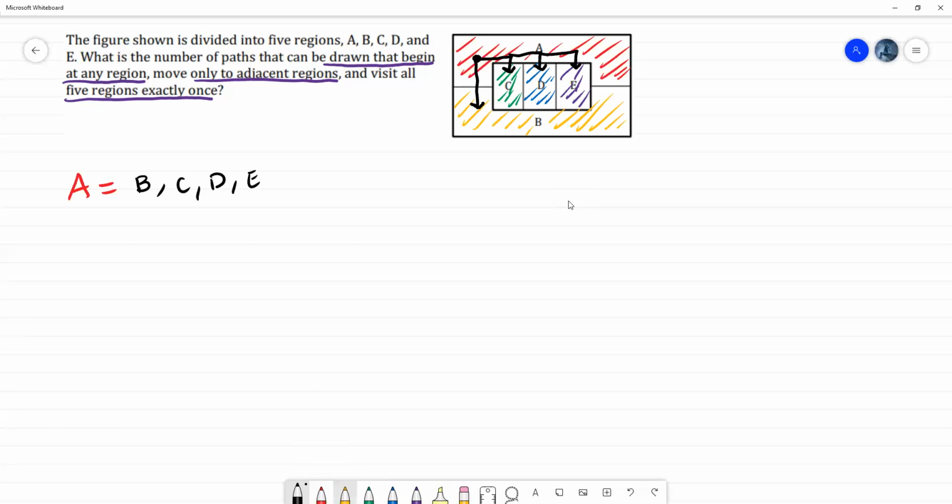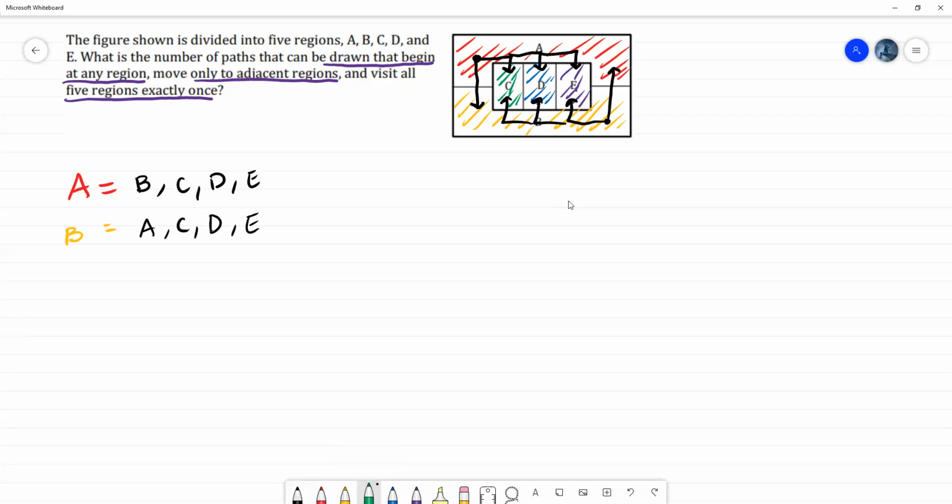Now, for our B region, let's say we start right here. We can go up here, here, or here. So we can go to A, C, D, and E. We can go to every region other than B itself.